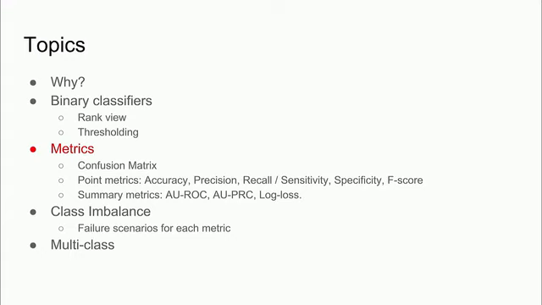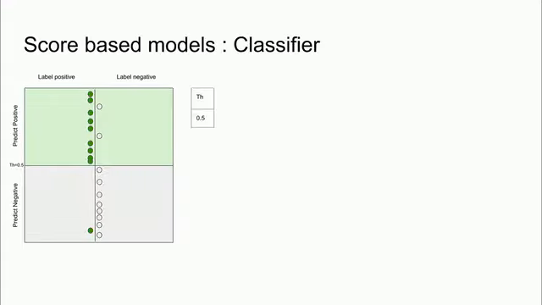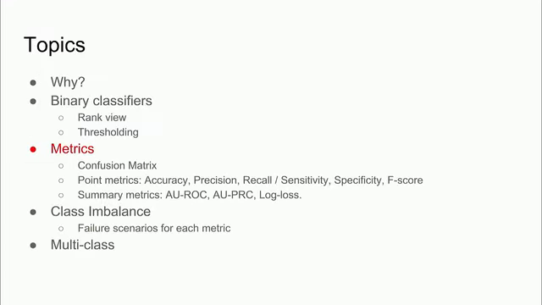This threshold gives rise to this matrix-like format, and that's what we're going to get into now. So that brings us to the confusion matrix.